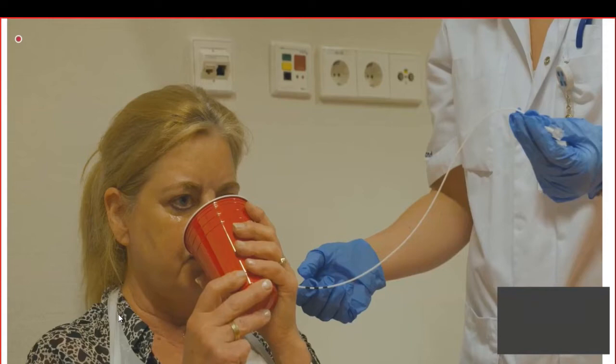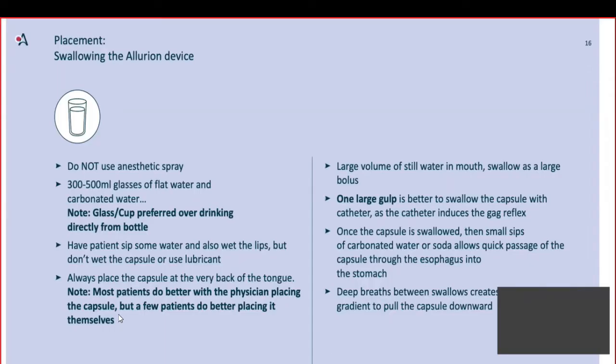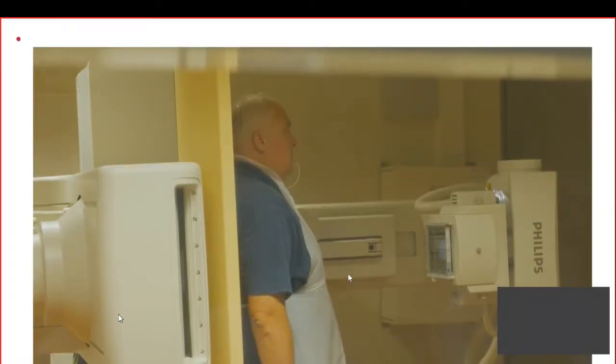We encourage them to drink more and more water or carbonated water, which facilitates the further passage of the balloon into the stomach. With natural swallowing and esophageal motility, it will reach the stomach.